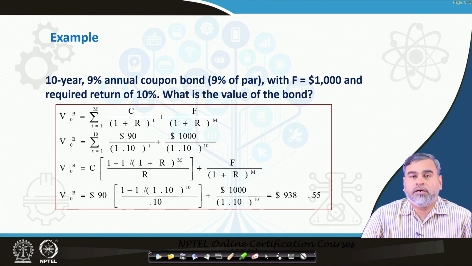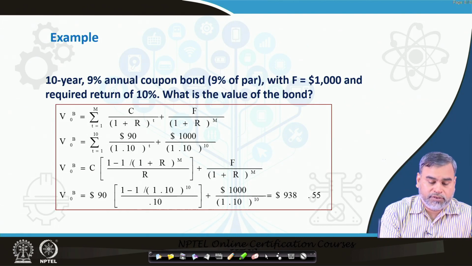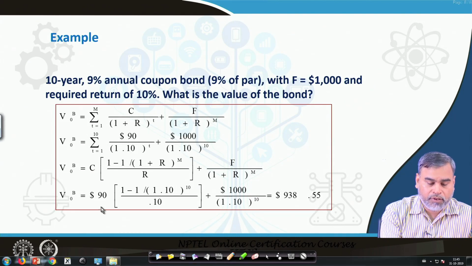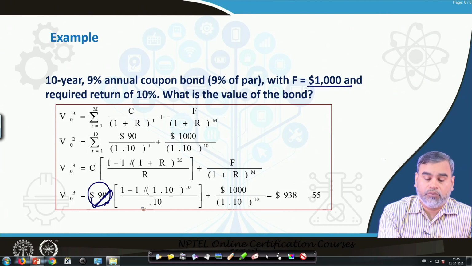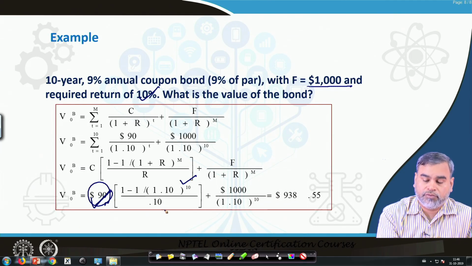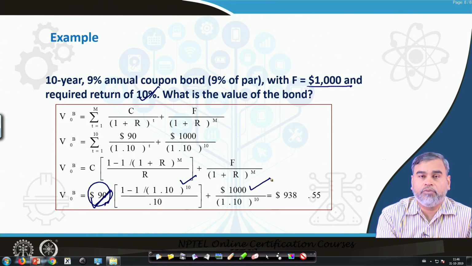If you go by the same formula we have just discussed, we find it is 90, which is the coupon, because 9% is the coupon against 1000, so we get $90, into (1 minus 1 by (1 plus r)), where 1 plus r is 1 plus 0.1, as 10% is the discount rate, to the power m, the maturity period of 10 years, divided by r, which is 0.10, plus 1000, the face value which also has to be discounted, by 1.1 to the power 10.